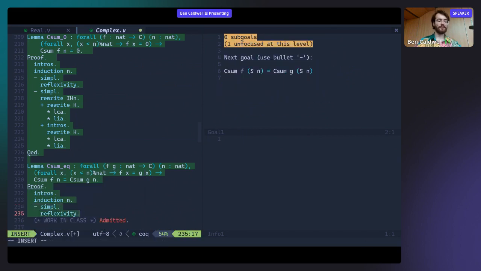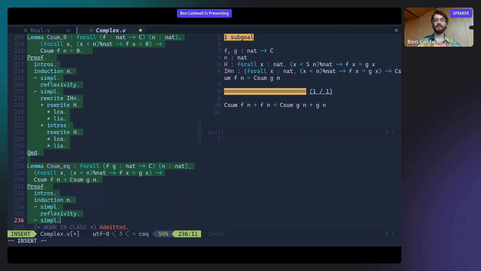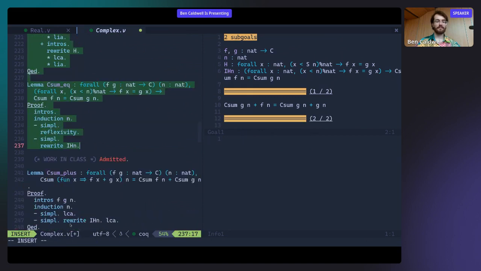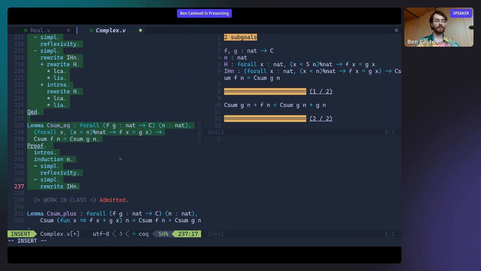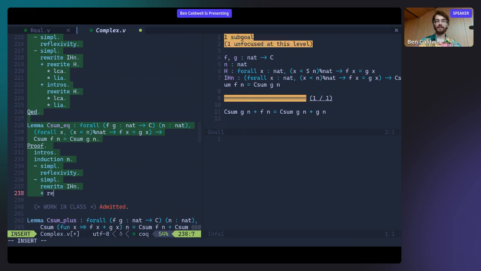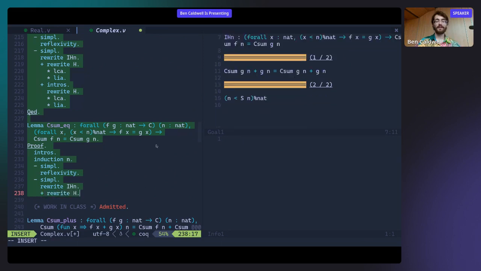Well, it certainly works in the base case. And we can go through and do the same rewritings. Rewrite H this time. Everything seems to be working nicely because that looks like what we should get.